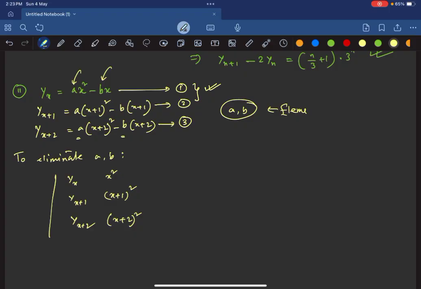Here for b, the coefficients are minus x, minus (x+1), minus (x+2). As the signs of all these terms are the same, we can simply take x, x+1, x+2, make it equal to 0. Okay, and after that you need to solve and simplify.